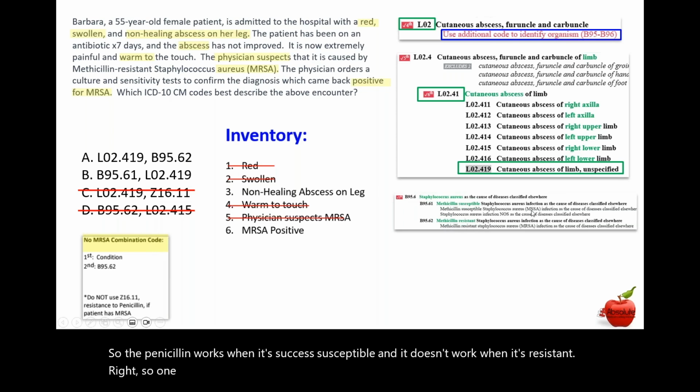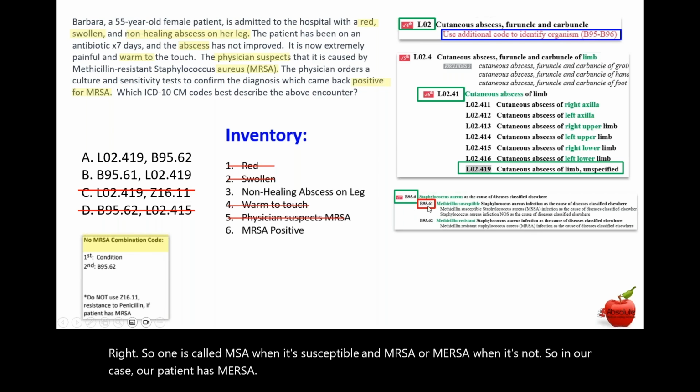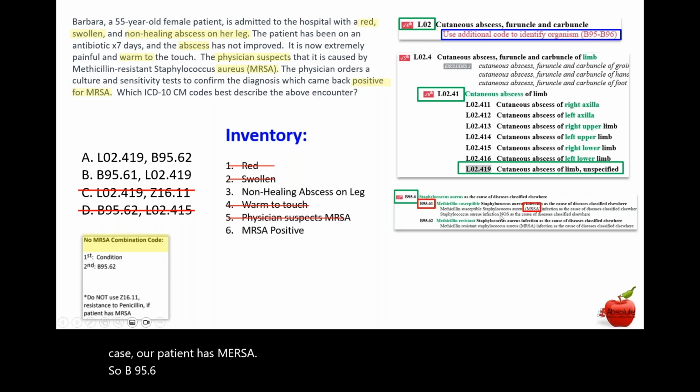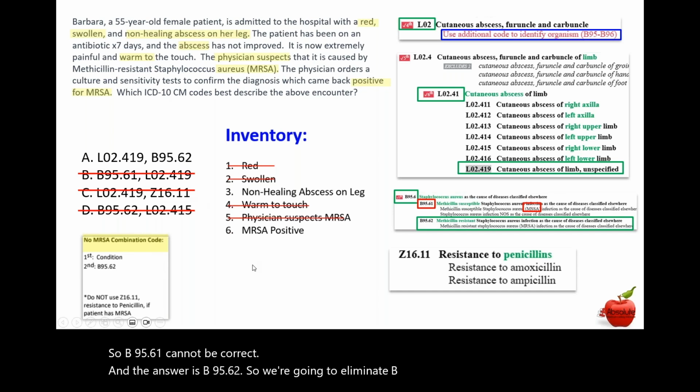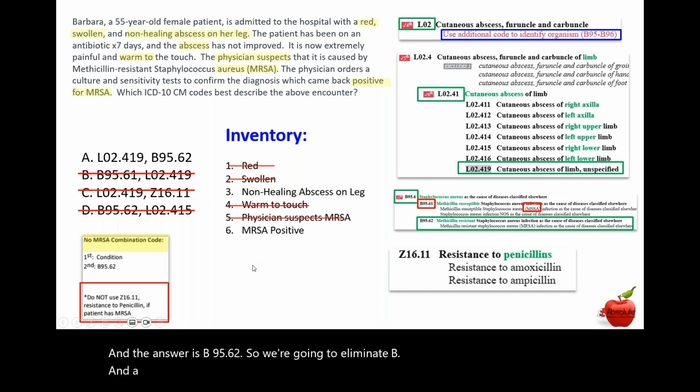So one is called MSSA when it's susceptible, and MRSA when it's not. So in our case, our patient has MRSA, so B95.61 cannot be correct. And the answer is B95.62, so we're going to eliminate B, and A is our answer.